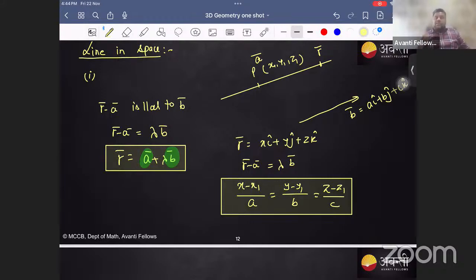(X minus x1) upon A is (y minus y1) upon B is (z minus z1) upon C. The numbers in the denominator are direction ratios, and these x1, y1, z1 are the point through which the line is passing. Got it?